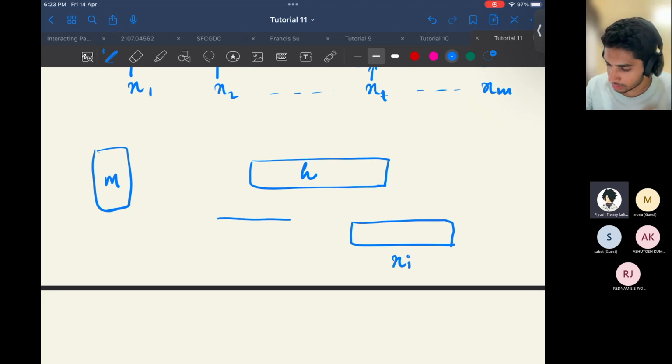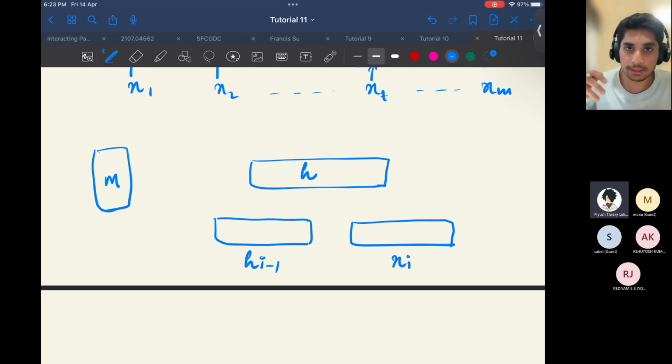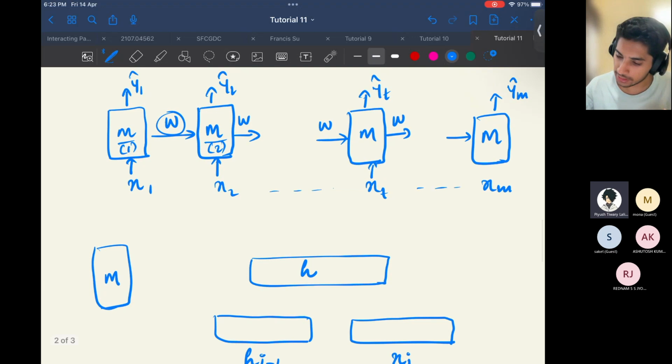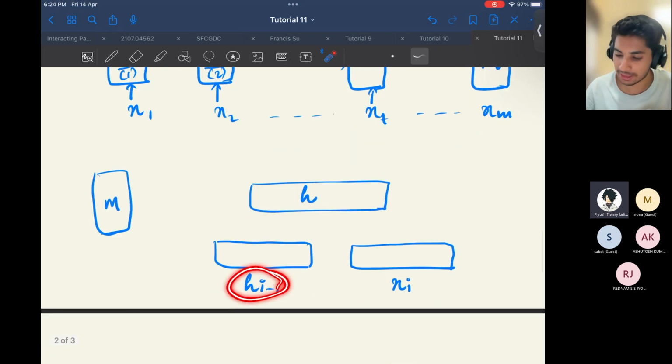What is the other input? The other input is something called hi minus 1. Where is this hi minus 1 coming from? If this is my current block, this might be H, the previous model's hidden layer. This previous model's hidden layer is also taken as input, which I'm denoting by hi minus 1.